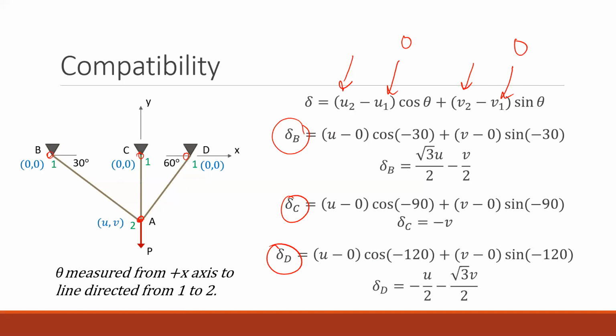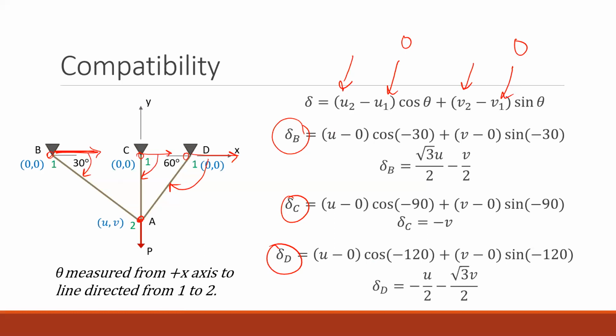If I had, say, a support that was slipping, so it was settling as this was being applied, then it would no longer be 0. I'd have some number there for how much it settled. Then my angles: I take a line pointed in the x direction starting at node 1. It's really important that you start at node 1. So at node 1, I take an x angle, and then I measure the angle until I get to the rope.